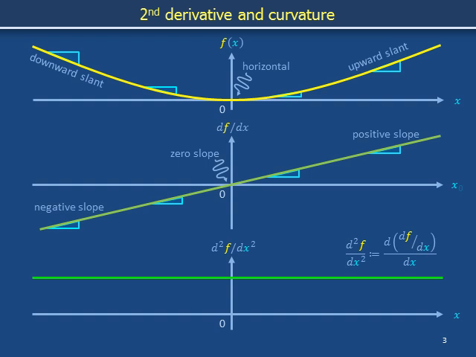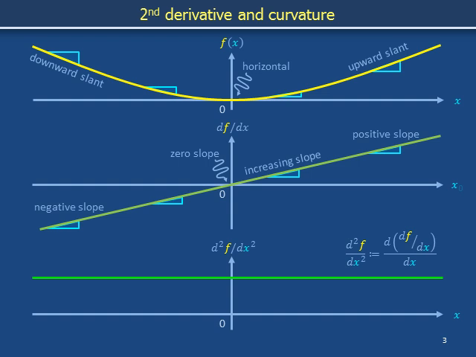These different values of slope are reflected in the plot of the first derivative. The plot of df dx versus x is ever increasing as it passes through negative values, through 0, and then through positive values, so df dx versus x has everywhere positive slope.